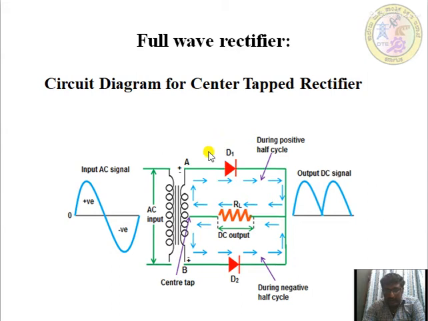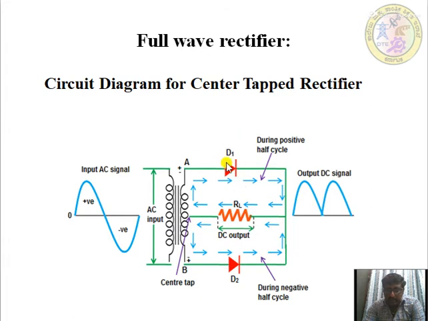So what will happen in the working, two diodes are being used. During the positive half cycle, diode D1 will be forward biased and D2 will be reverse biased, that is D1 will be conducting and D2 will be in an off state. At that time whatever the input will be, the same thing will be getting as the output. During the negative half cycle, diode D1 is reverse biased and diode D2 is forward biased.